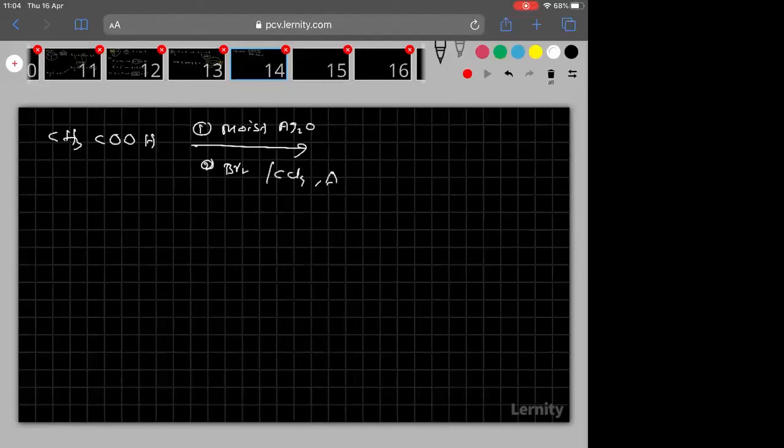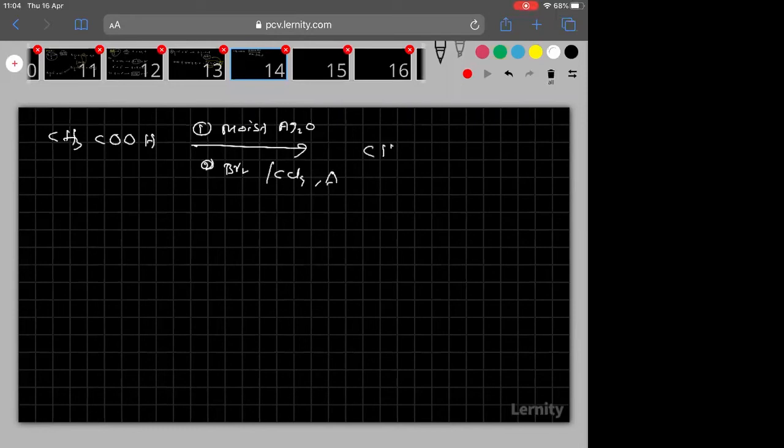What is the product formed in this reaction? So what is the answer for this one?